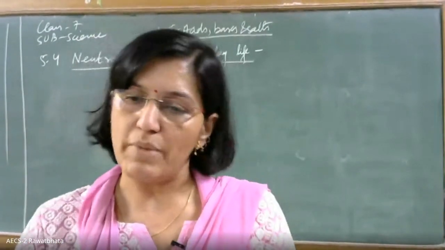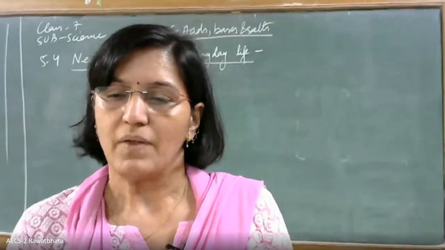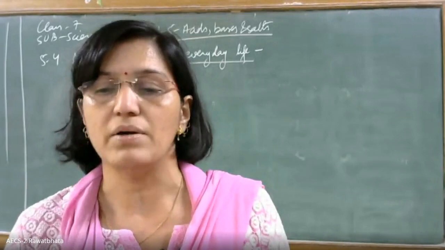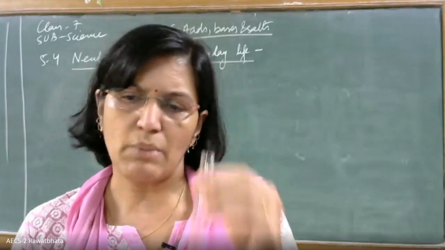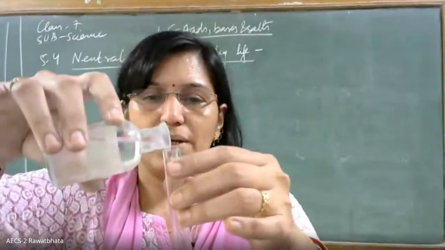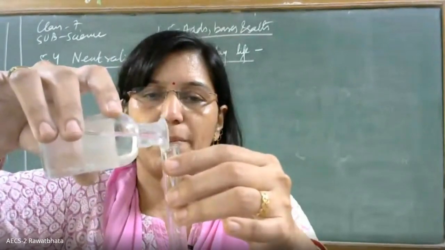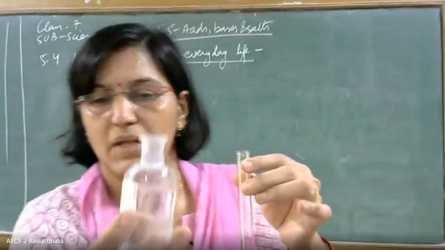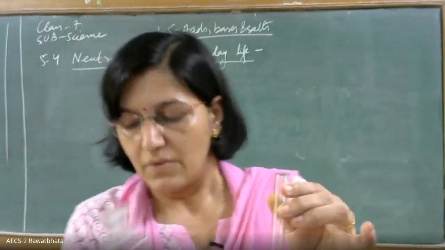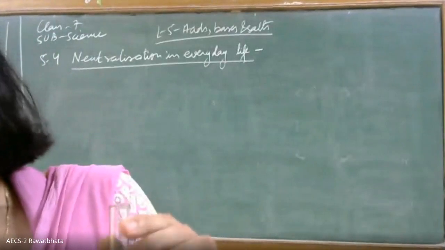You dissolve baking soda, NaHCO3, sodium bicarbonate, in a small amount of water, and then you take that solution. Here, to give you the best results, I am taking sodium hydroxide. It's a very good, brilliant base.